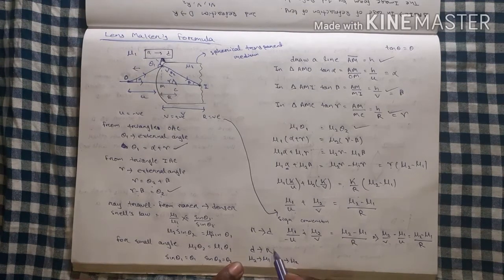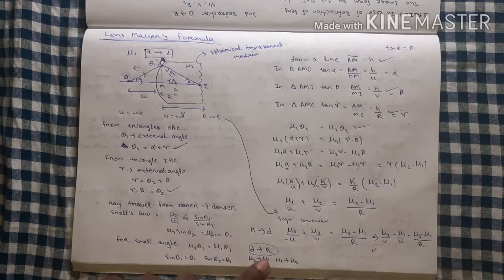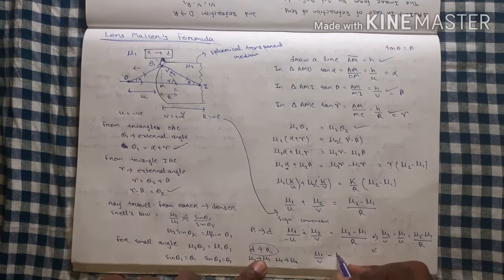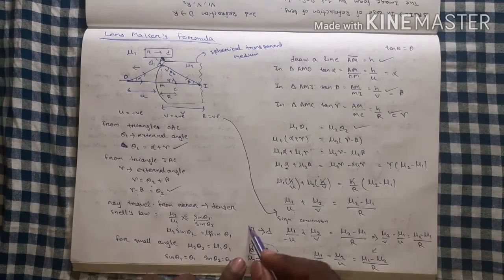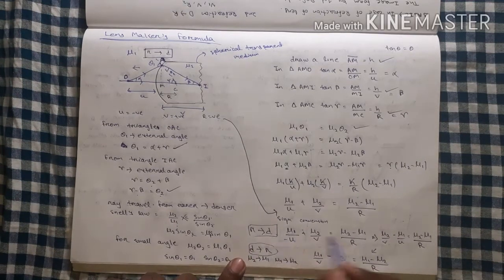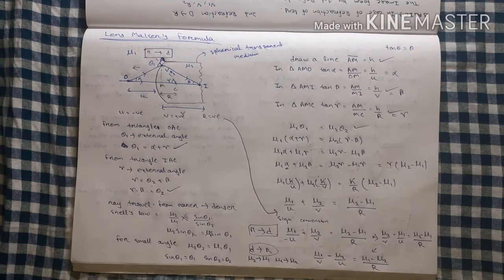Then you will get the answer for denser to rarer: mu 1 by v minus mu 2 by u equal to mu 1 minus mu 2 by R. That is for rarer to denser, and this is for denser to rarer.